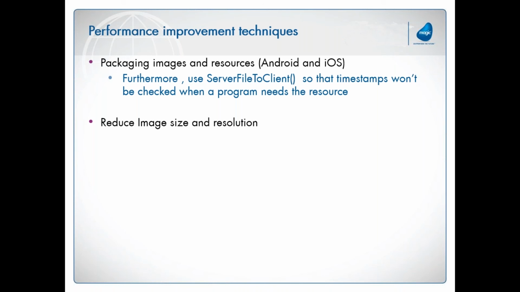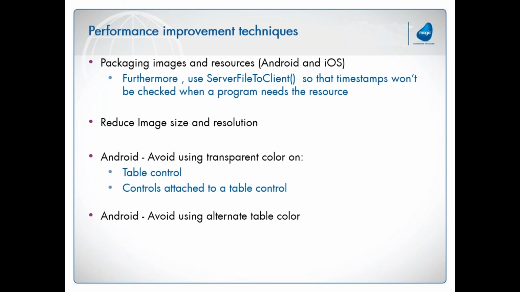And now on Android, it is also best practice to avoid transparent on table control and controls attached to a table. And this is because Android has a built-in mechanism to improve the performance of table controls by using a cache of cells. And if you use transparent, then this mechanism is disabled by default on Android.